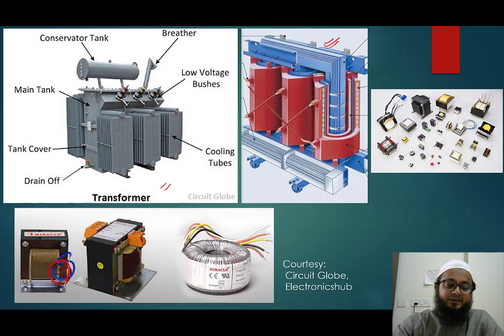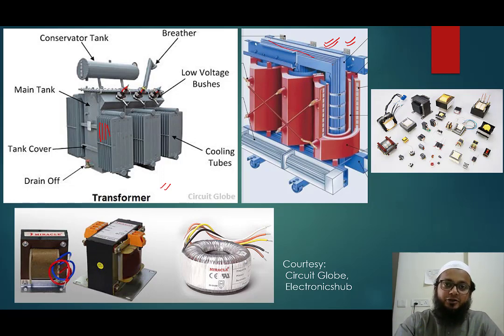Okay, so basically it's a three-phase transformer. So you have three limbs, and once I discuss the construction of a transformer, I will show it there. So you can see the magnetic core here, and you have different electrical windings wound over these limbs, and these are the bushings which are used for the connection purposes, and there are other components of it, like these fins or cooling tubes, which are used because this entire core is actually dipped into oil, transformer oil or insulating oil.